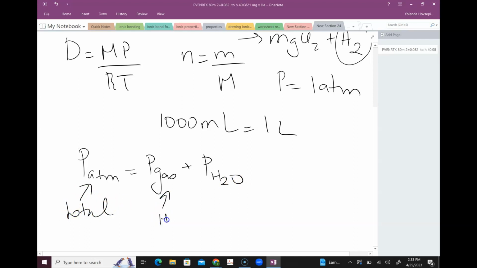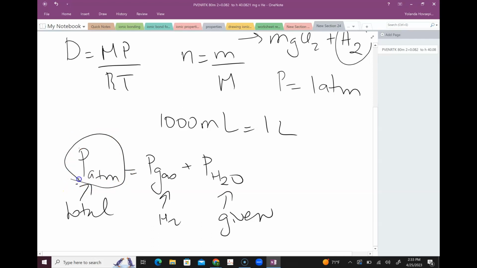This is, in this case, the hydrogen gas you're collecting, and this is a given. Okay, so depending on temperature, water has a certain partial pressure that you'll take into account, and you will use that to find the pressure of the gas, and that again, you're using the atmospheric pressure.